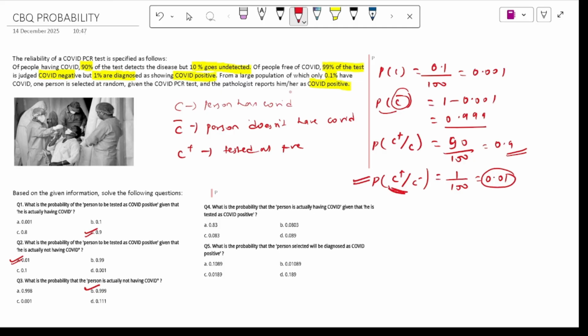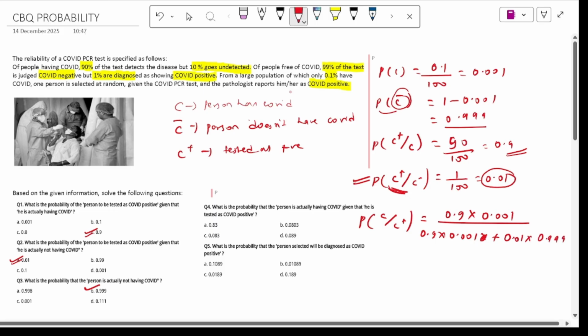The fourth question, what is the probability that the person is actually having COVID given that he tested COVID positive? This is asking about reverse probability, so we will use Bayes theorem in this question. The answer will be the probability of C given C plus, which is 0.9 into 0.001 upon 0.9 into 0.001 plus 0.01 into 0.999.